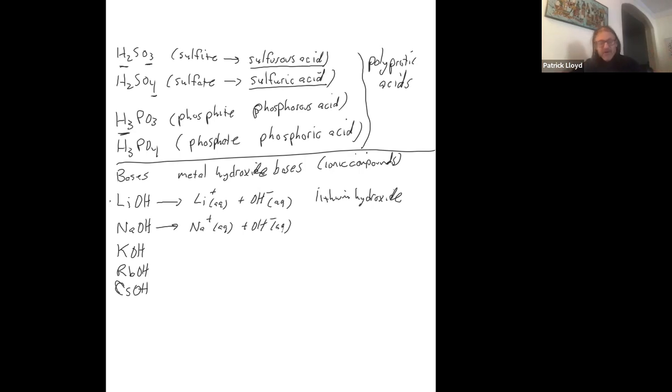The other ones, another list of these include magnesium. But this one, because magnesium has a charge of +2, it actually has 2 hydroxides. Calcium, strontium, barium. Okay, these ones, again, they're just ionic compounds, but they form two hydroxides.